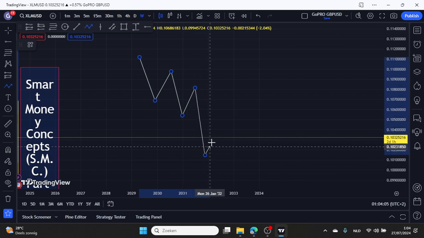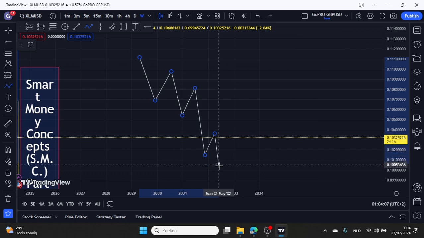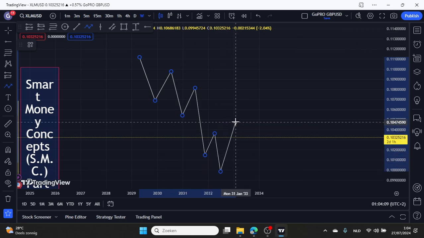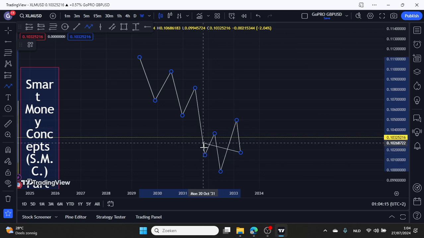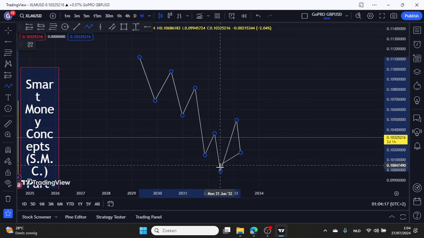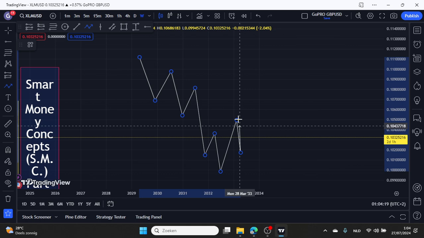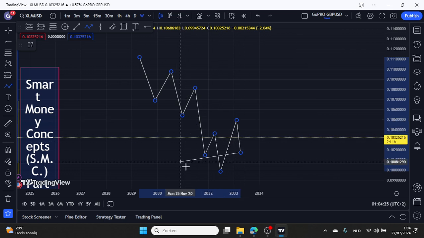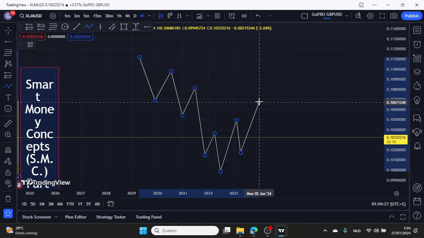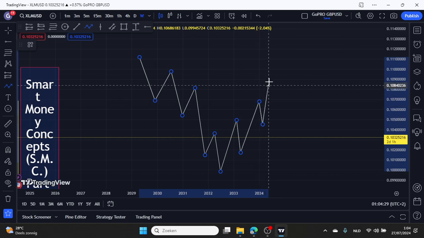Price comes down, breaks the last low, breaks the last high, comes back down. This is our smart money concepts setup. This is where we're going to look for entries. In this piece, you're going to see it come back over and over again.